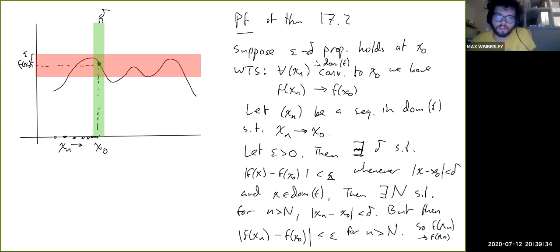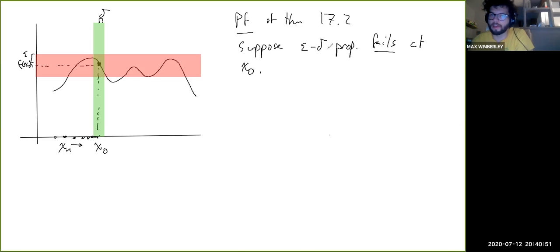So now let's consider going the other way. So I'm gonna take a couple seconds to erase here. Okay, so now let's suppose that the epsilon delta property fails at x naught, right?